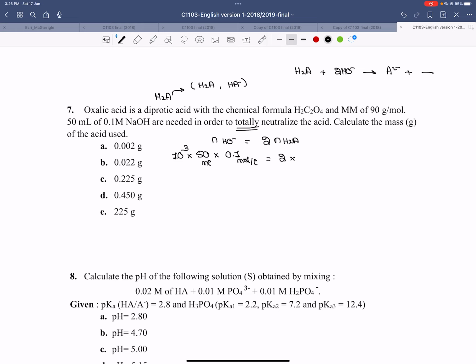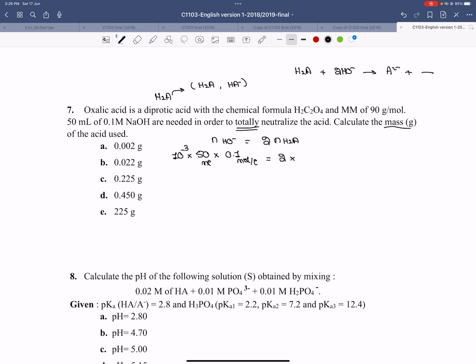Remember that they want the mass, the grams. What is the mass? You already know that the moles is equal to the grams per gram per mole. Okay, so that is the number of moles. Do I have it?